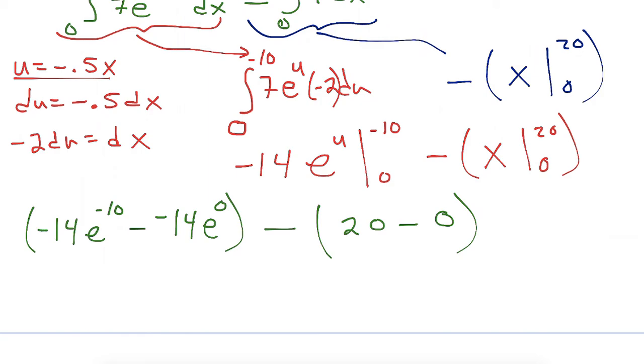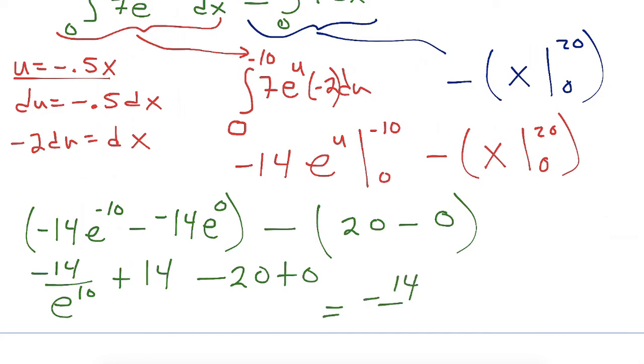Simplifying this, I got negative 14 divided by e to the 10th plus 14, because e to the 0 is 1, minus 20 plus 0. So in the end, I got negative 14 over e to the 10th minus 6. And that would be my answer.